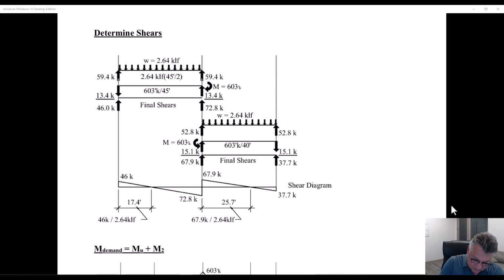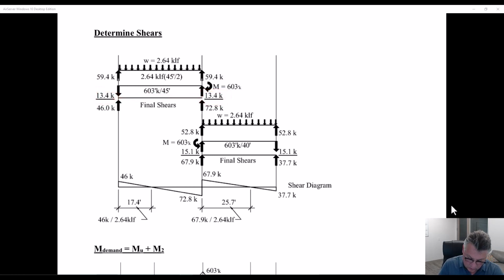But I like to take WL over 2. Look at that. Then I take the moment, get the downward force and the upward force. Those have to be equal. This is what I like about it, is these numbers are equal. These numbers are equal.